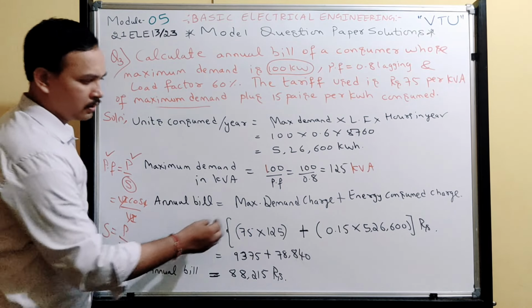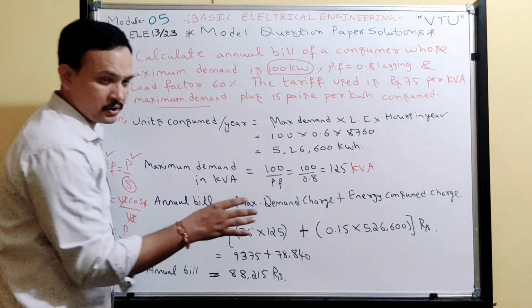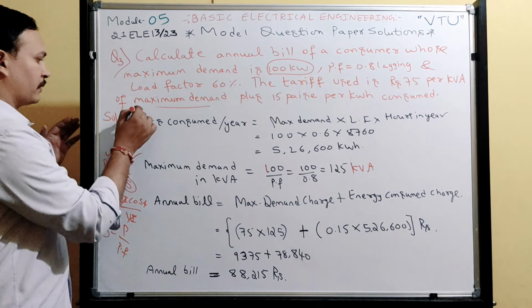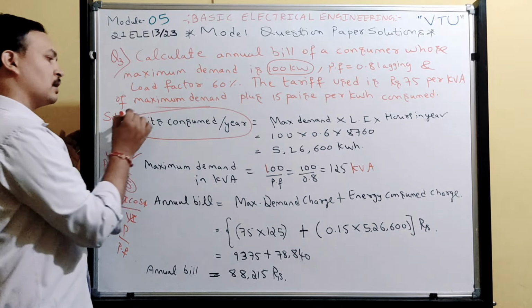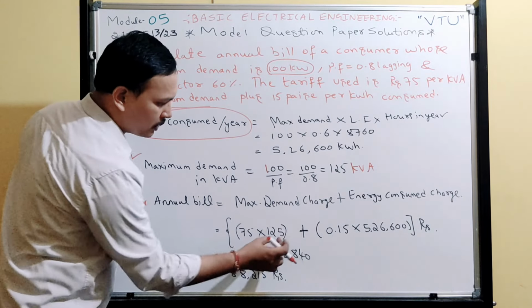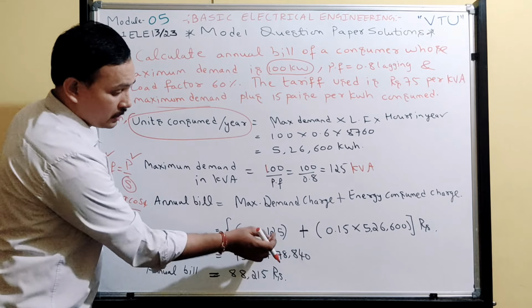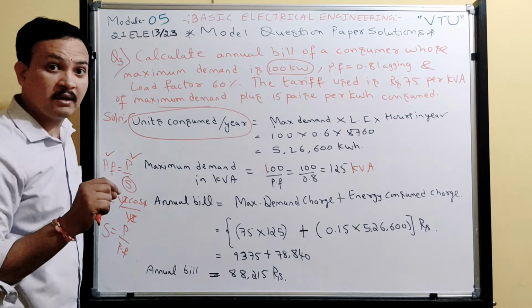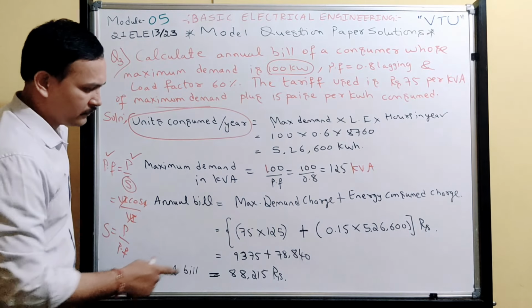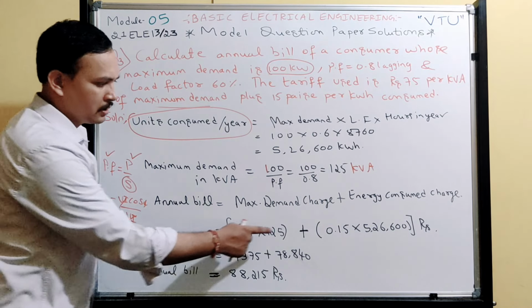Now annual bill is equal to maximum demand charge plus energy consumed charge. That is this one. Energy consumed charge is this one. Now, what is the maximum demand? 125 kVA. In that, what is the cost per 1 kVA? Rupees 75 per kVA. That's why I multiplied that cost.